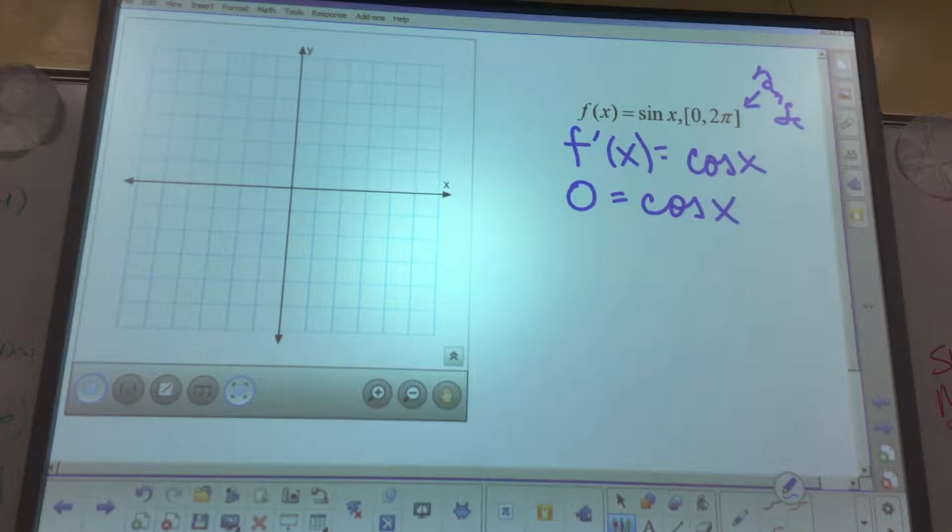So then this is sine. We're using x values for cosine and y values for sine, so it's going to be pi over 2, because that's where your x value is equal to 0. Cosine 0 is 1, and cosine 1 is at 0.